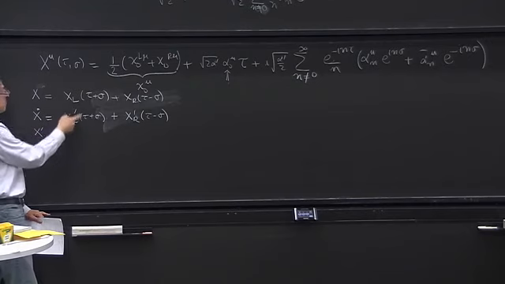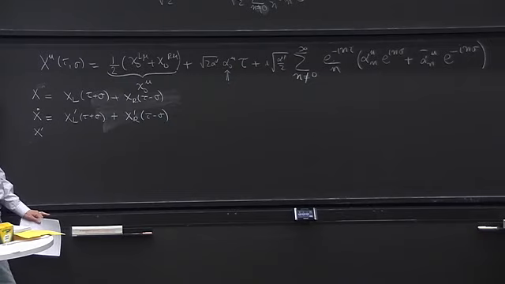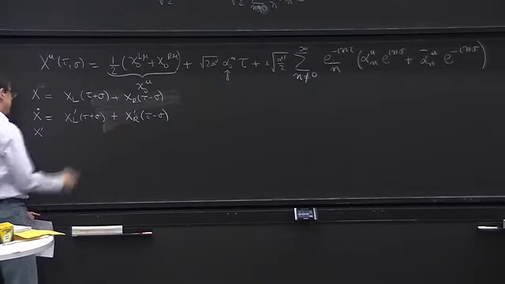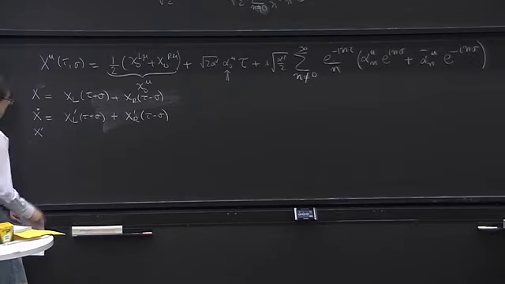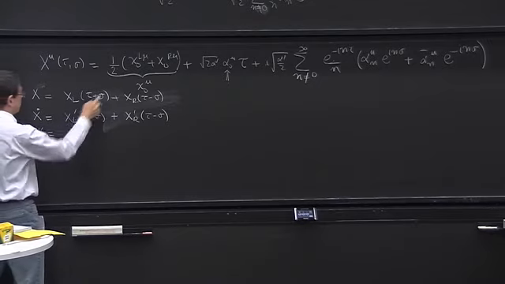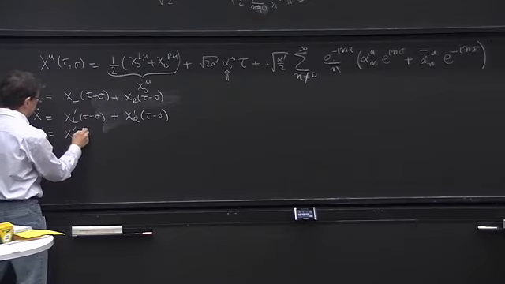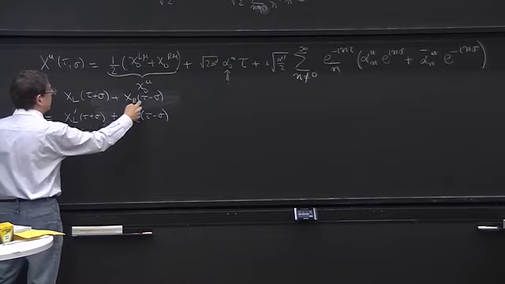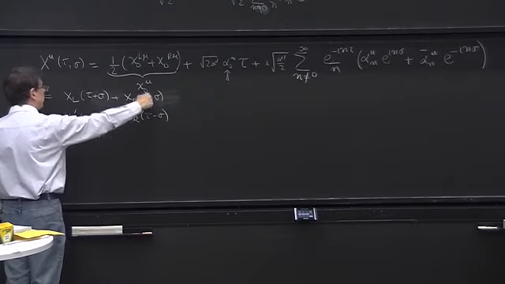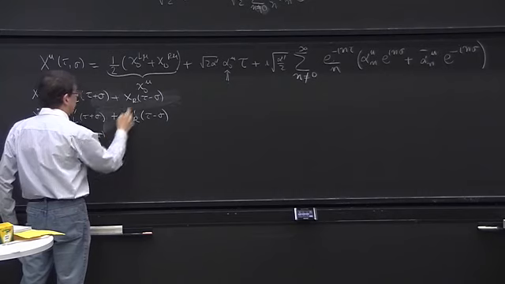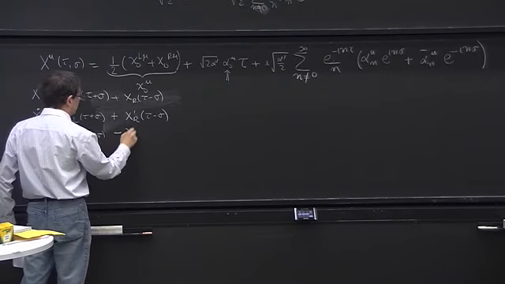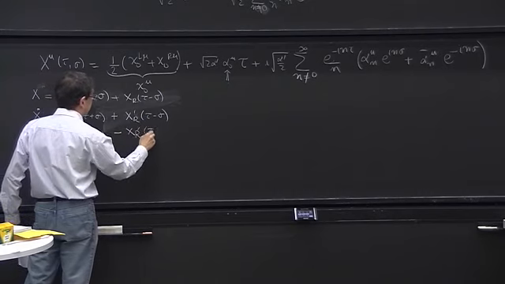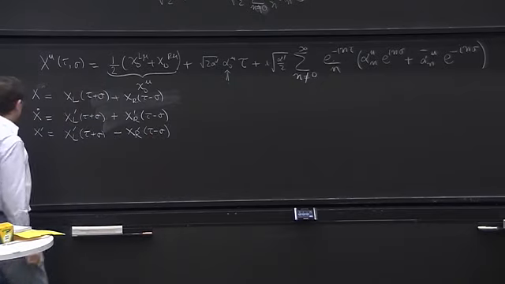And on the right, it means with respect to the arguments, of course. Anyway, with respect to sigma, you get xl prime of tau plus sigma. And here you get an extra sign because you have to then further differentiate the argument with respect to sigma. So you get minus x right prime of tau minus sigma.